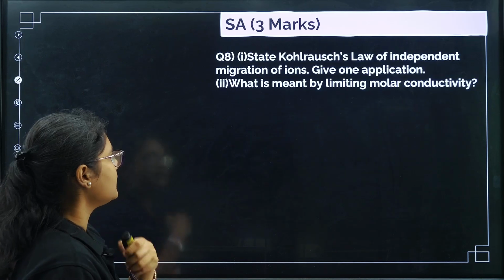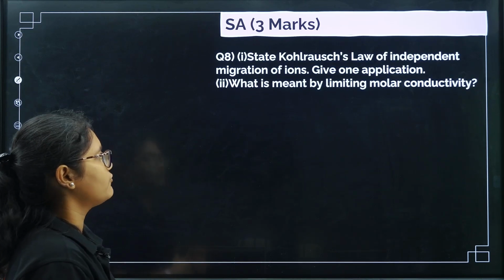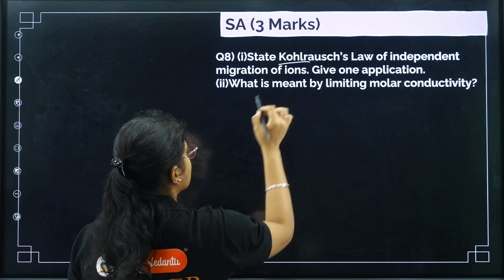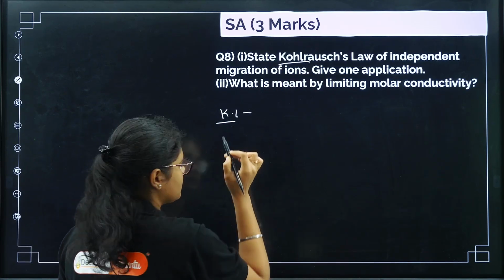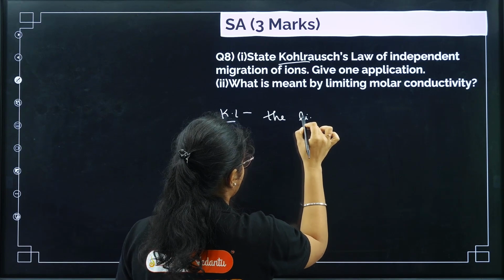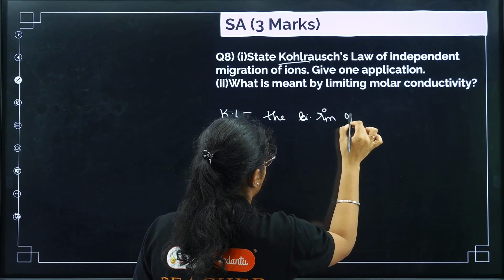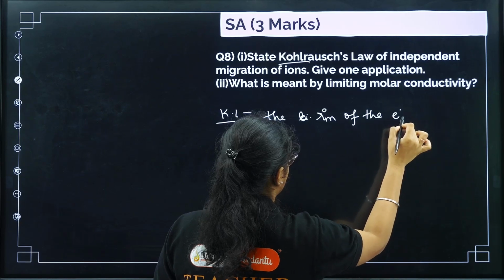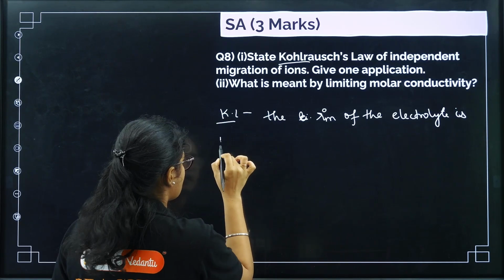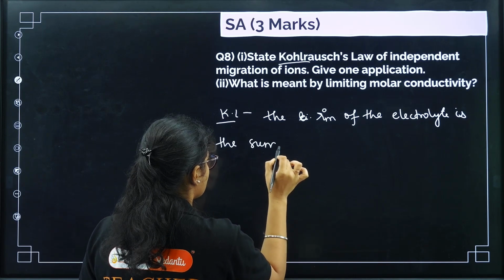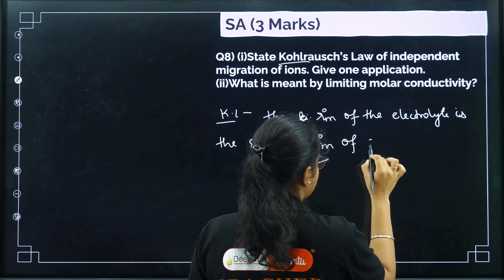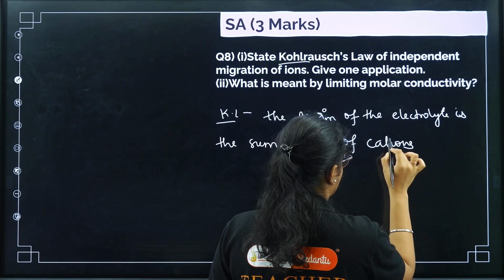Next question: state Kohlrausch's law of independent migration and give one application. First, you have to write the statement of the law. What it says is that the limiting molar conductivity of the electrolyte is the sum of the molar conductivities of cations and anions.